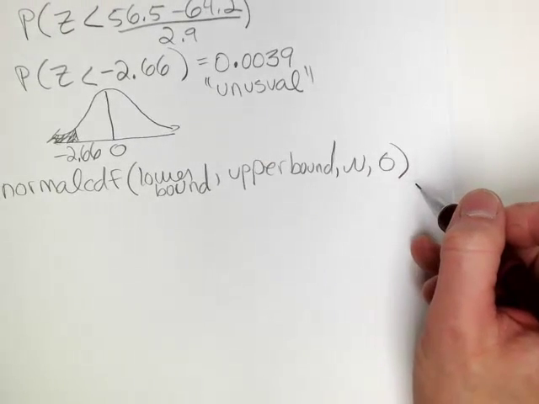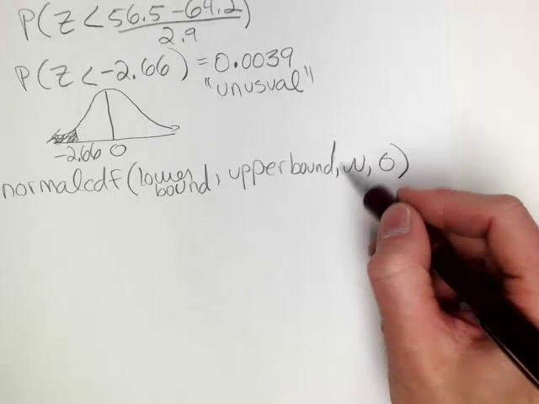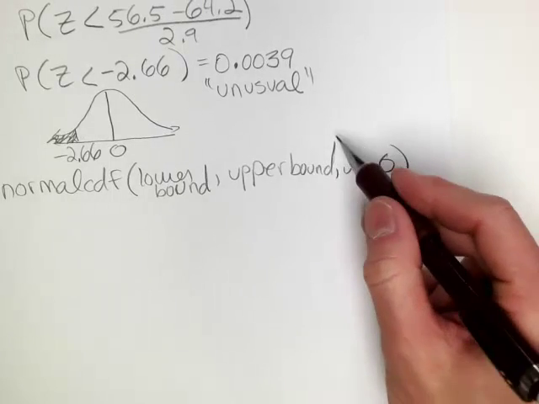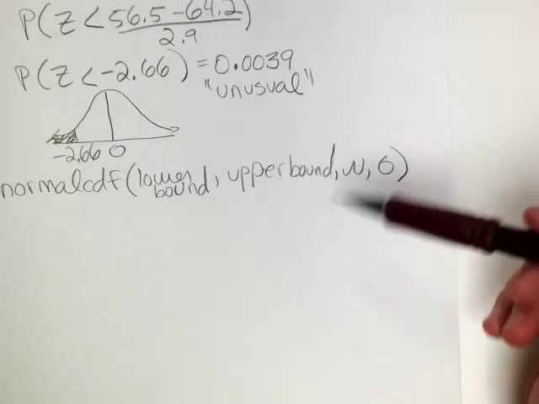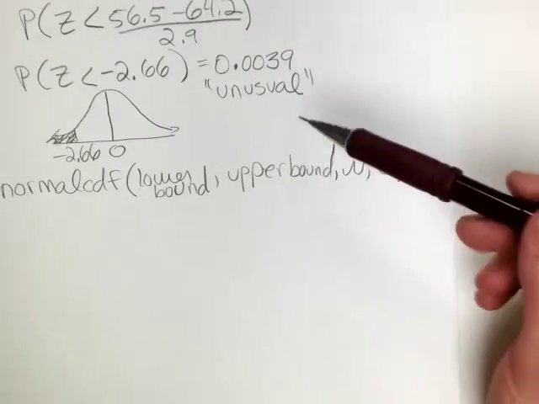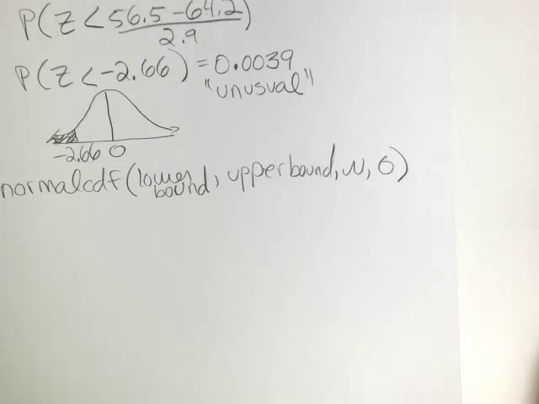If we're working with standard normal, you would close your parentheses after the upper bound. So what makes this nice is we don't even have to convert to a z-score if we tell the calculator what mu and sigma is.